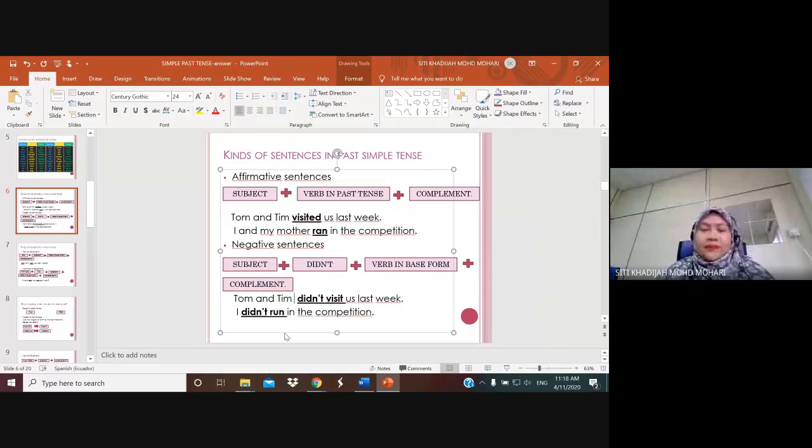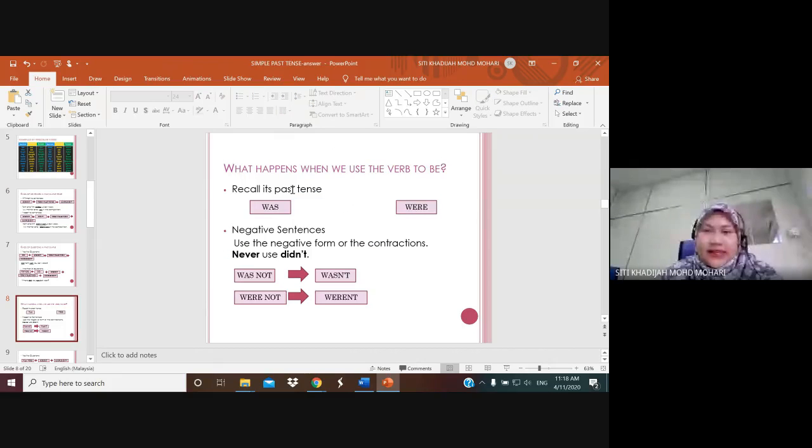Tom and Tim did not visit us last week. The same. I did not run in the competition. I and my mother, it's actually my mother and I. Whenever you have two people, my mother and I, just always put the other people first. My mother and I did not run in the competition. So this one should be: my mother and I ran in the competition.